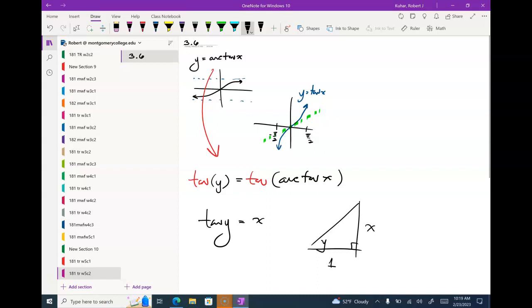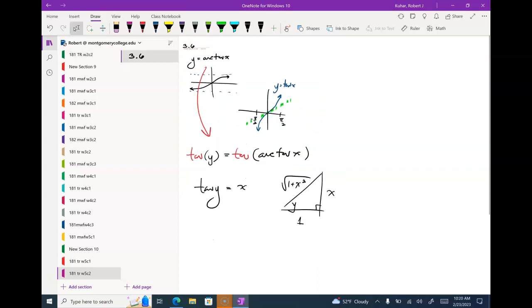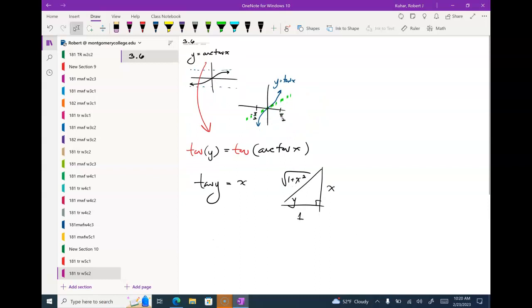And just like the other day, we figured out the remaining side by Pythagorean theorem. We got square root of 1 plus x squared. Now I don't know if I need the triangle, but in general, if you have a trig, you have a right triangle. Make it. If you don't make it at first, make it later because you might need it, right? In this case, we need it.